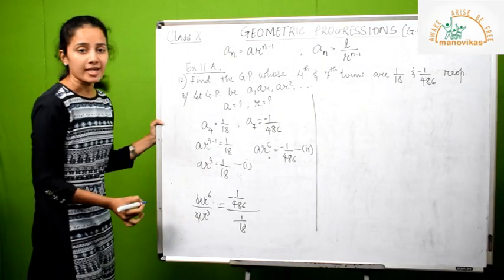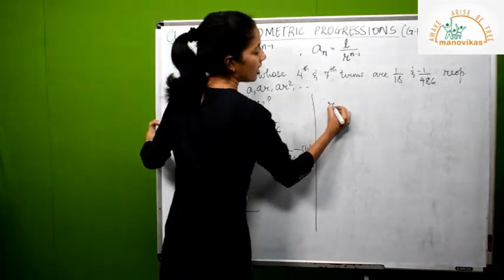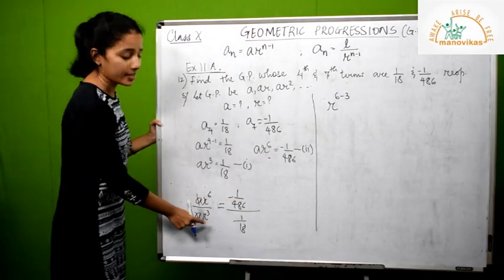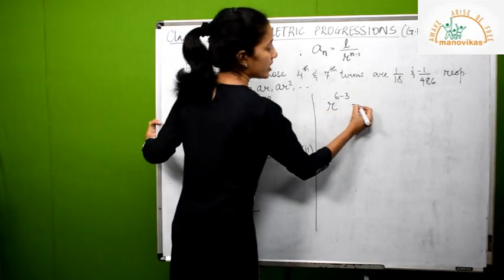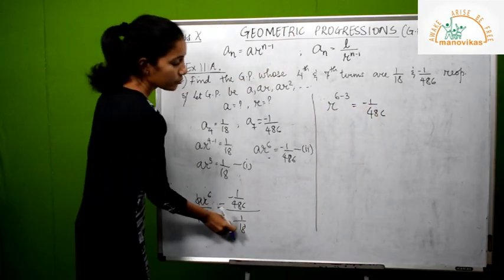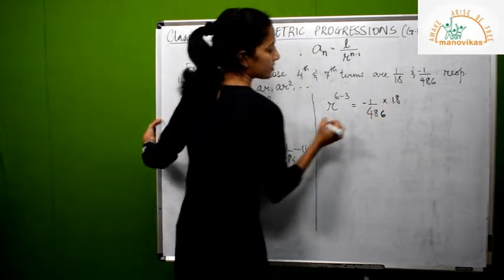Here a and a will cancel, and using the laws of indices again you will get r raised to 6 minus 3 because the bases are the same. This will be negative 1 upon 486, and for the second one you take a reciprocal. So you have this as 18.